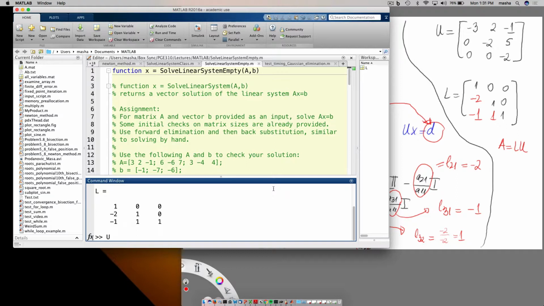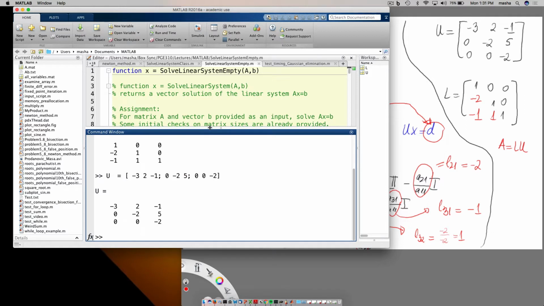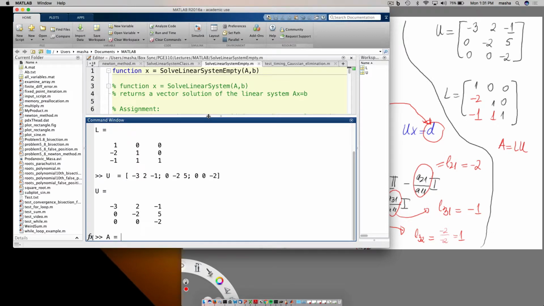And my U got reduced to minus 3, 2, minus 1, 0, minus 2, 5, 0, 0, minus 2. Let's do L times U. It's minus 3, 2, minus 1, 6, minus 6, 7, and 3, minus 4, 4. That's what I started from.